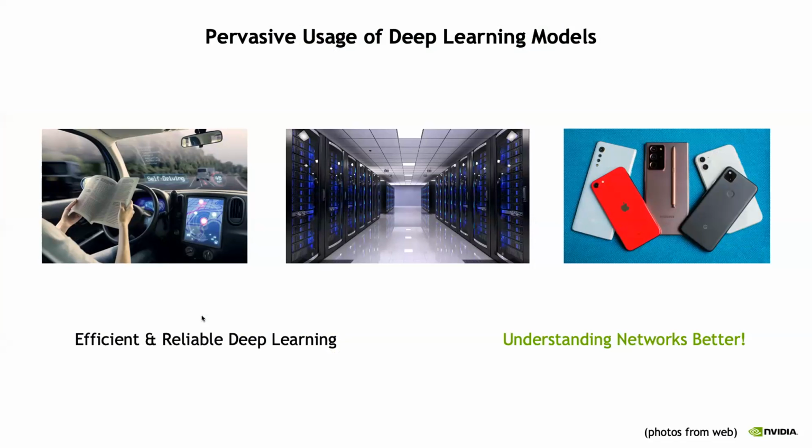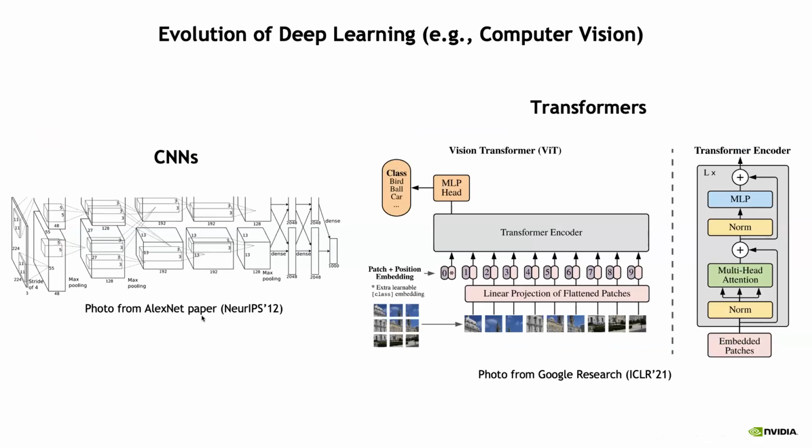Hopefully this talk will give some intuition for what we have been believing, which is that making networks reliable as well as efficient really boils down to understanding these networks better. The insight I want to cover is that the more we study these two topics, the more neural networks give us interesting insights as well as surprising capabilities that help us better use them as well as protect them.